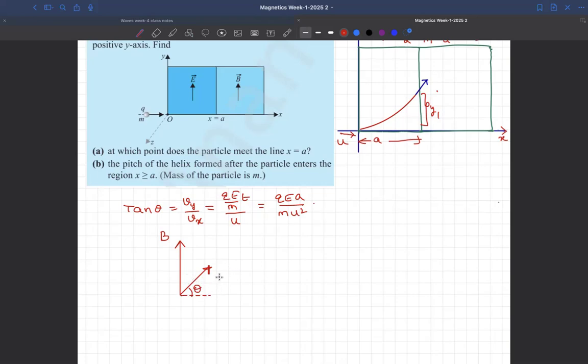That's what I have derived, right? And this is V. And this is some phi. Of course, phi is 90 minus theta.